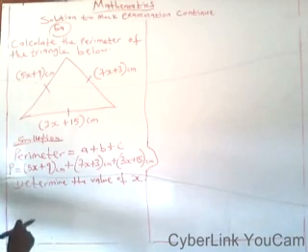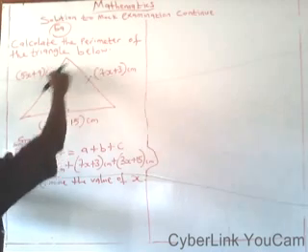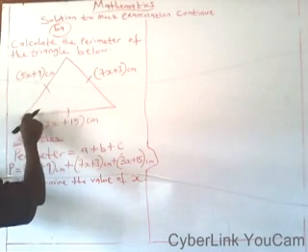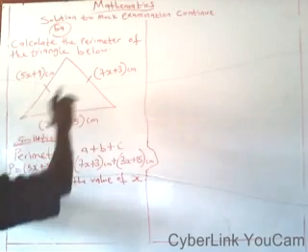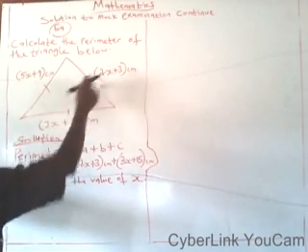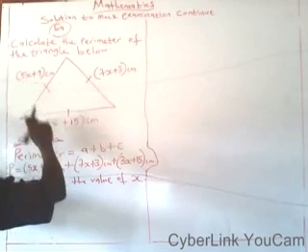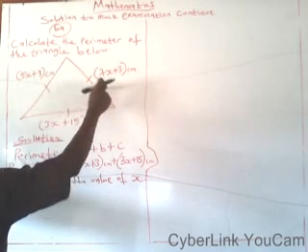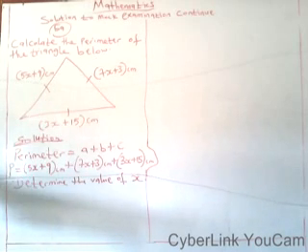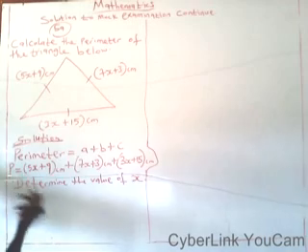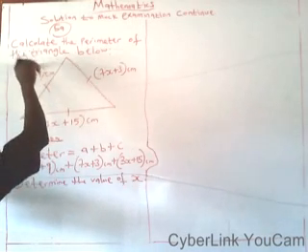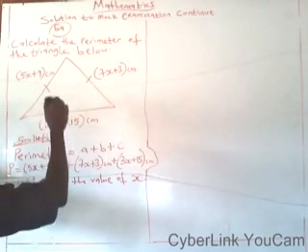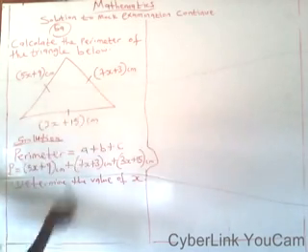For the fact that this line is equal to this line and also equal to this line, we are free to equalize any of these together to determine our X. If we like, we can say this line is equal to this line to determine X.